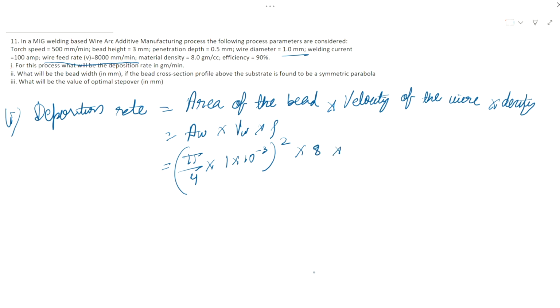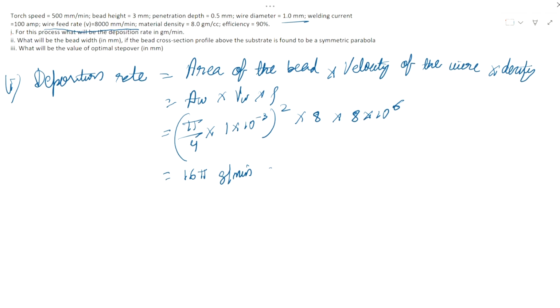Then we have density, it is given 8 gram per cc, so here we will make it into kg and meter, it is 8 into 10 to the power 6. So this will become around 16 pi gram per minute. This is your answer, the deposition rate.